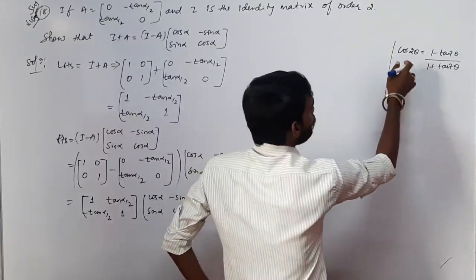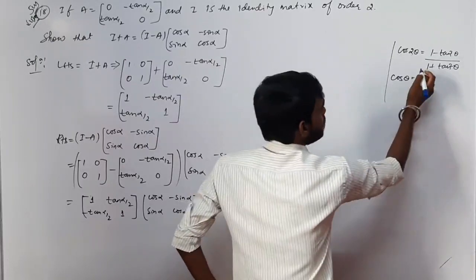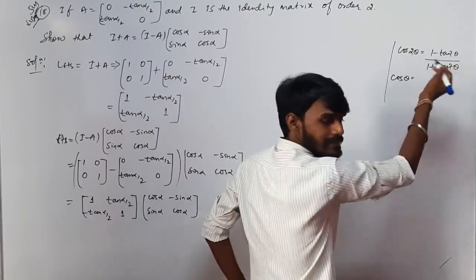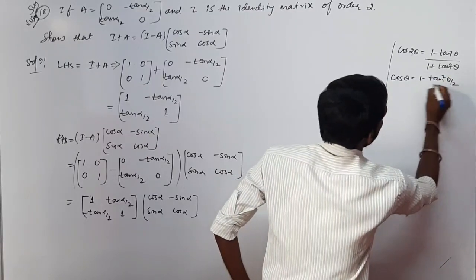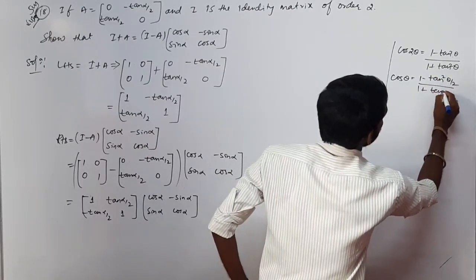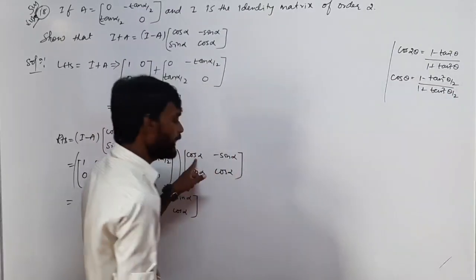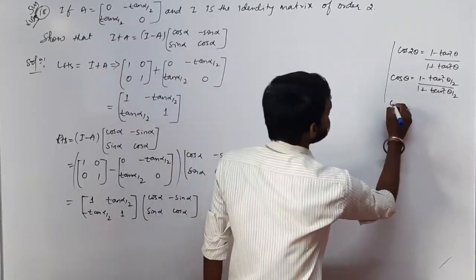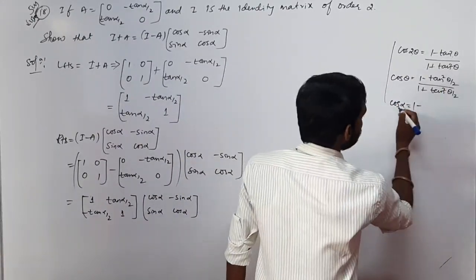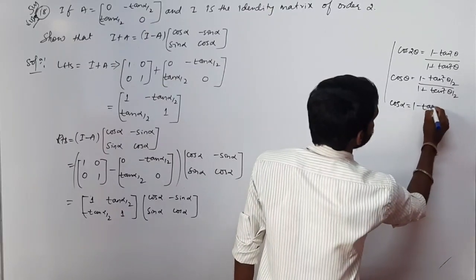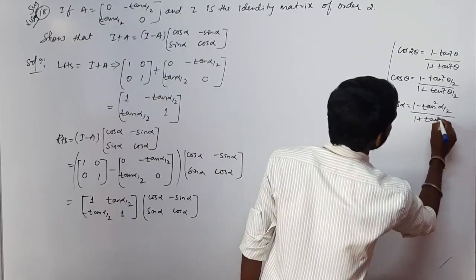Now taking the half angle, 2 theta becomes theta, so theta becomes theta by 2: cos theta is 1 minus tan square theta by 2 divided by 1 plus tan square theta by 2. Here the angle is alpha, so I put theta in terms of alpha: cos alpha is 1 minus tan square alpha by 2 divided by 1 plus tan square alpha by 2.